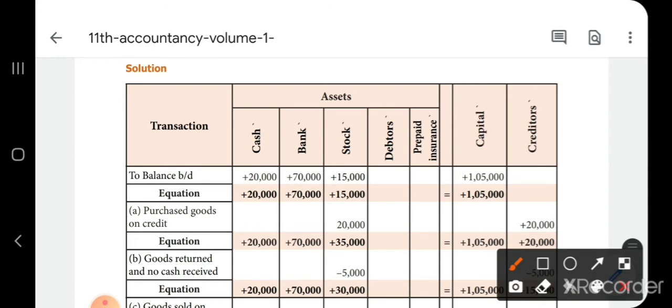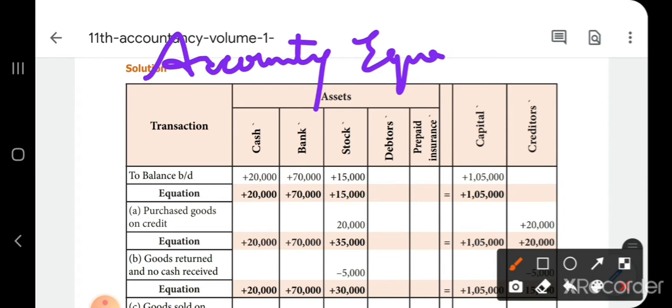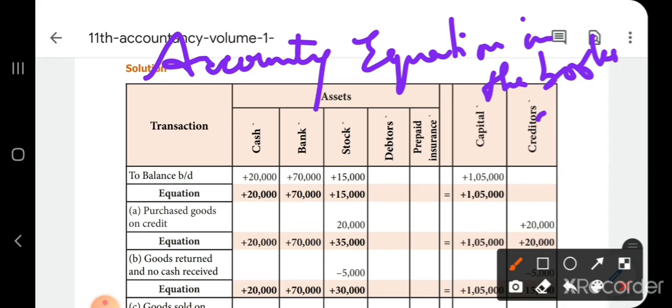You will draw the format. You have to write here: accounting equation in the books of Veena. It is not given there, you have to start with the heading.